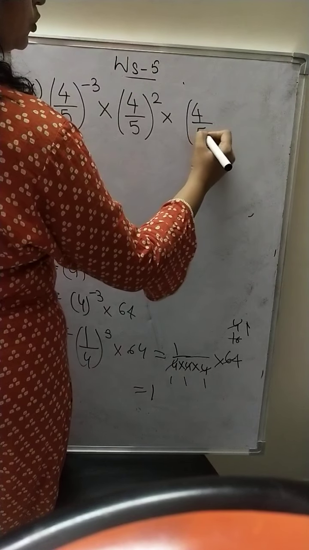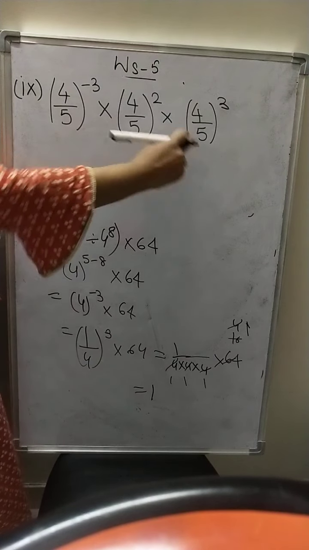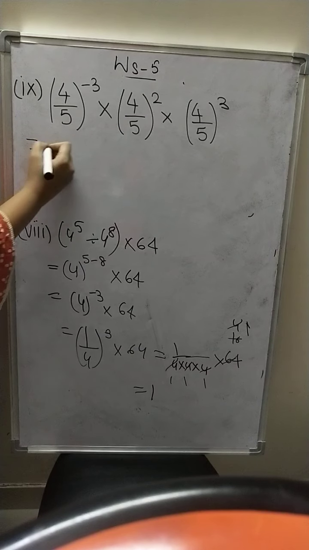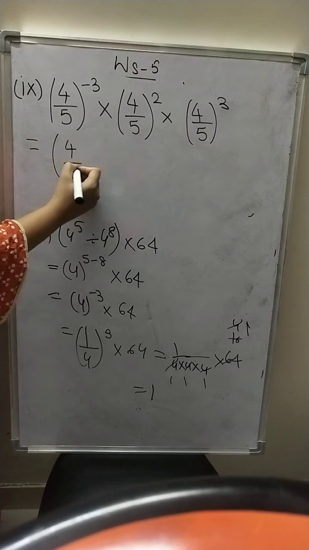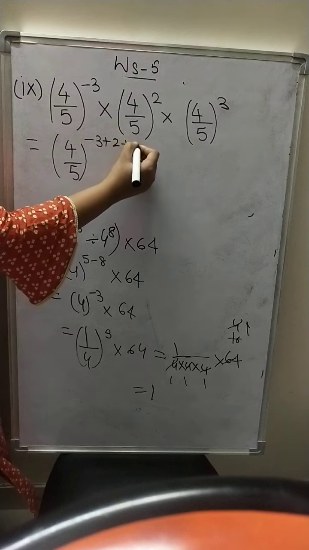Now son, if you ask me, I will never open the brackets in this question. Why? Because I can see that all the bases are same and there is a multiply sign in between, so I will add up the powers. So (4/5) raised to the power minus 3 plus 2 plus 3.